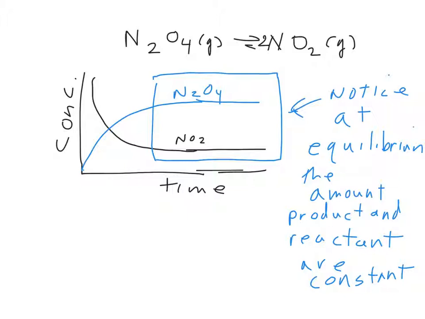Therefore, we can describe it using a ratio. Because the amount of product and reactant are constant, we can use it describing a ratio.